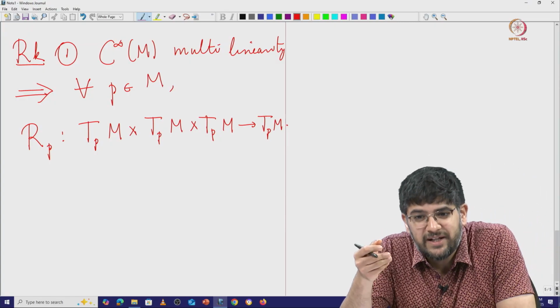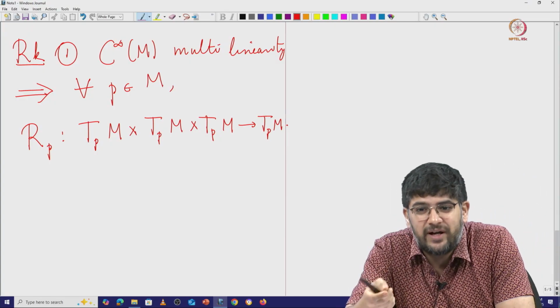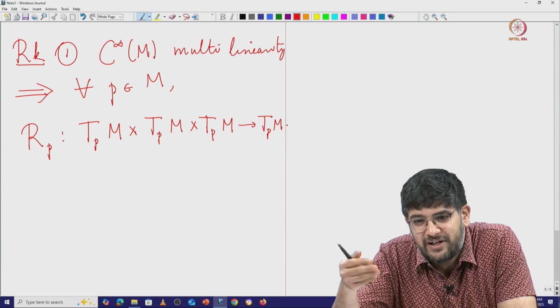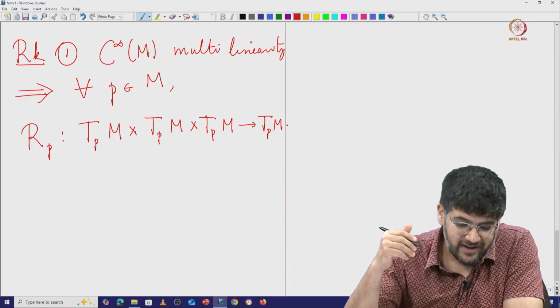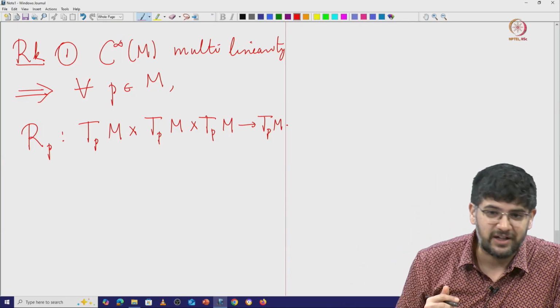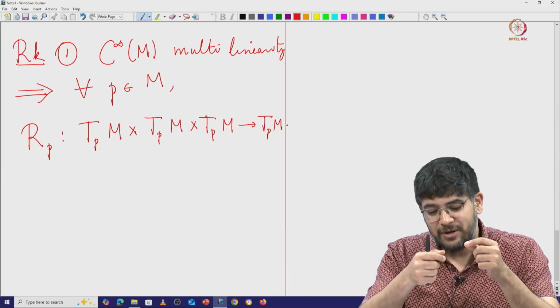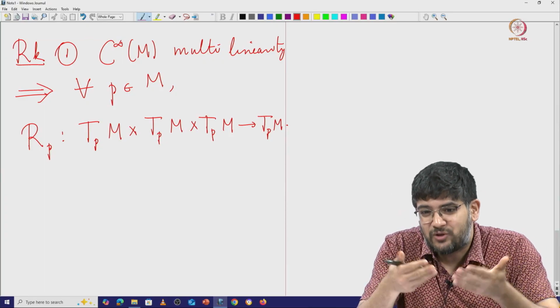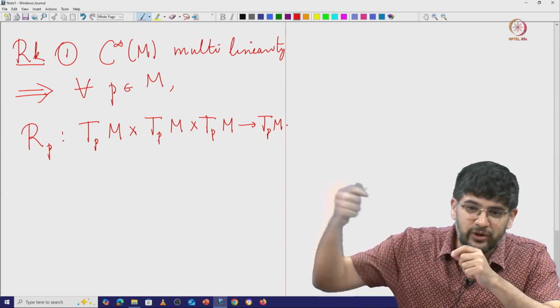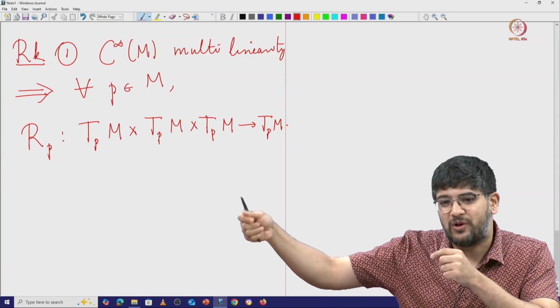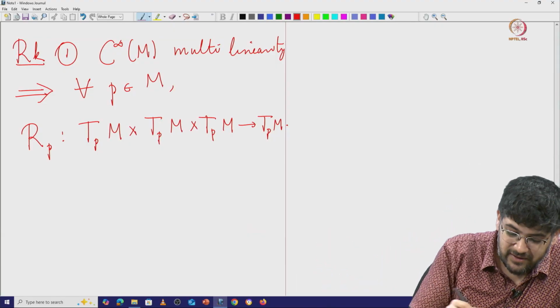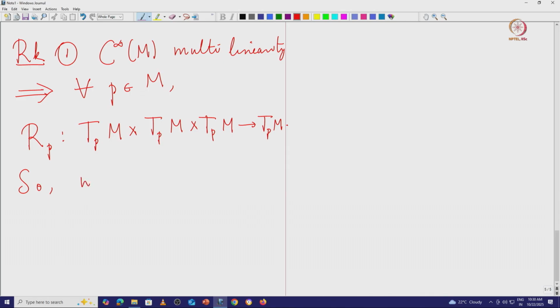So C infinity multilinearity allows you to localize at a point, right? This was the tensor principle that I described when we did our quick review of tensors. That's the advantage of having C infinity multilinearity, and because we wanted a sort of tensorial quantity, we had to have this correction term involving the Lie bracket. So in other words, we can talk about the curvature endomorphism at a point.